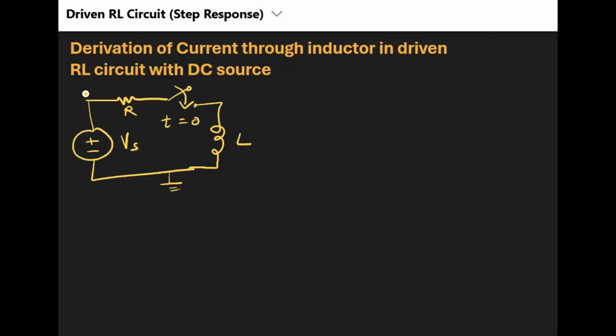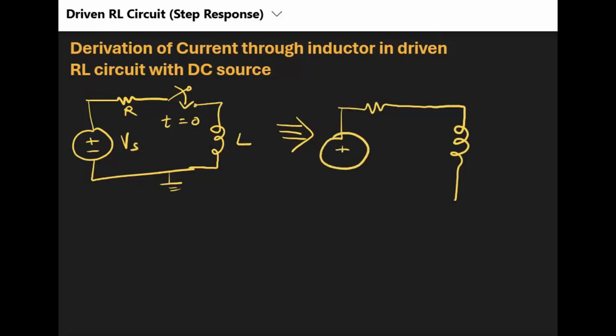At t equals 0 and greater than 0, the Vs is applied. So we can represent this circuit as a simple RL circuit, but we multiply that Vs with u(t).